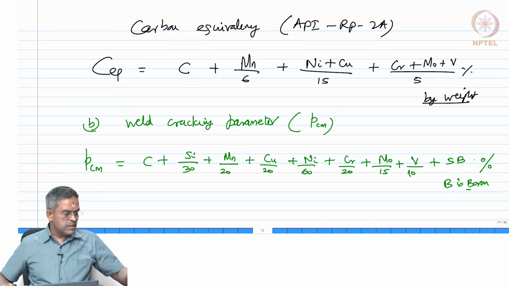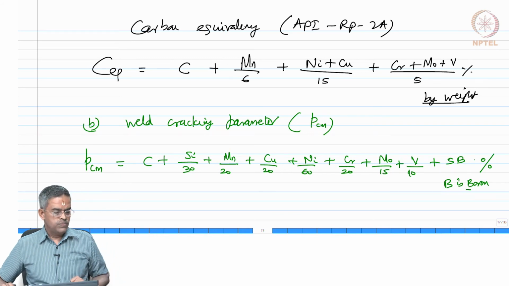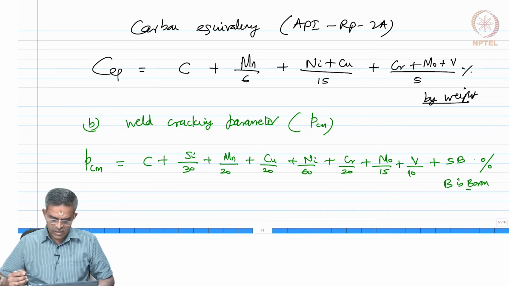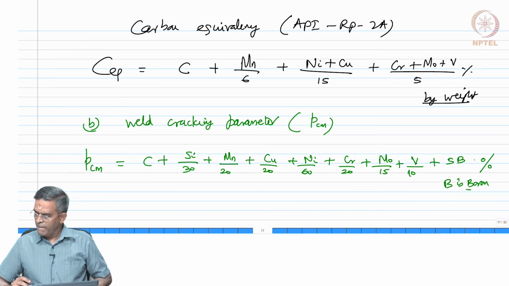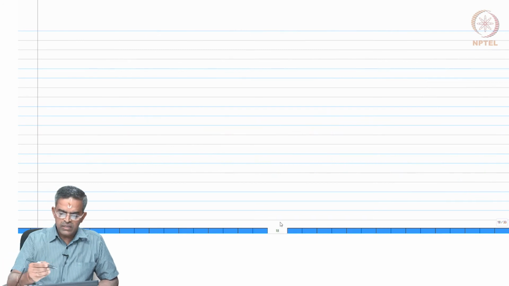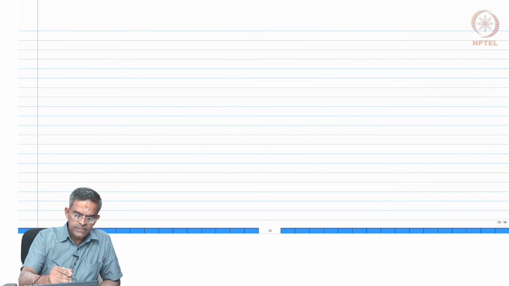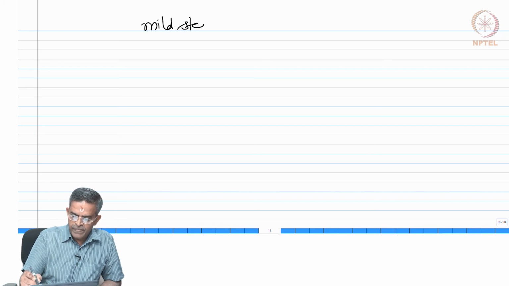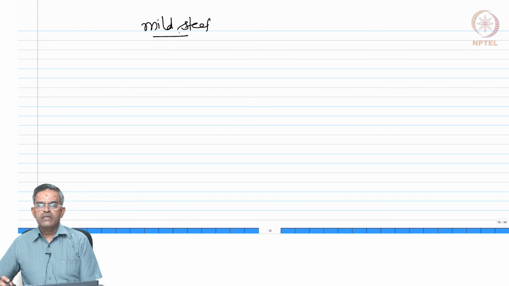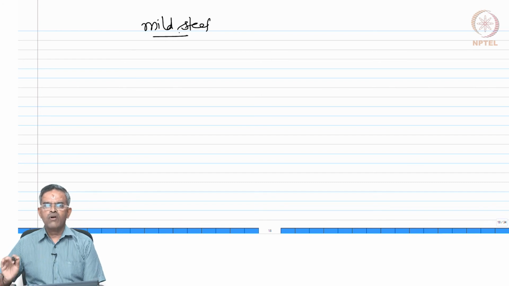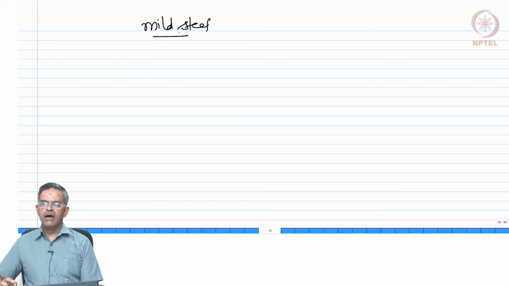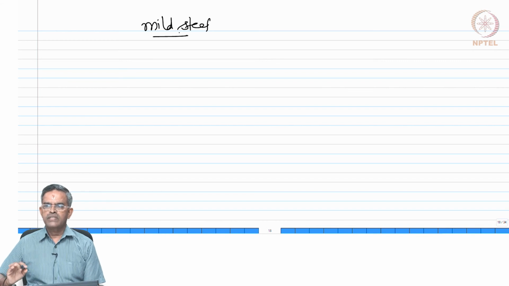For your curiosity, if you really want to know what the chemical composition of mild steel is, for our knowledge sake, let us ask this question. What chemical composition does mild steel have? Let us take mild steel. Mild steel should be designated by grade. We will not talk about steel as mild, hard, beautiful, no adjectives.